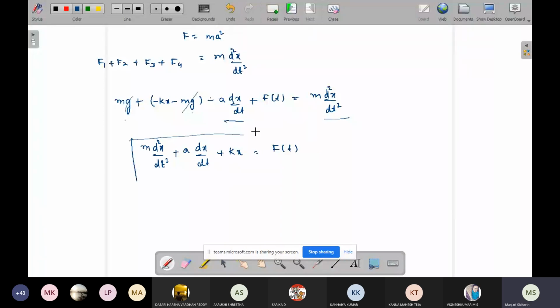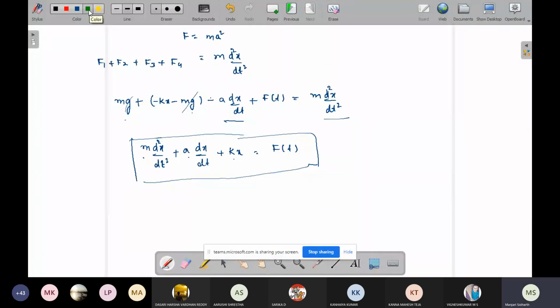See, this is a second order linear differential equation, where x is the dependent variable and t is the independent variable. m, the mass attached to the spring, a is the damping constant, k is the spring constant, and f(t) is the external force. Right, so this is your general differential equation of this type of motion.